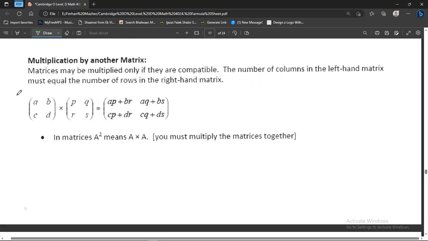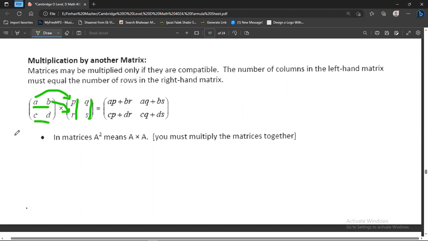When you multiply two matrices with each other, from the first matrix we take the row. From the second matrix, we take the column. The first members will multiply with the first. The second member will multiply with the second. Okay, so this row will multiply with this column. And then you are done with this.